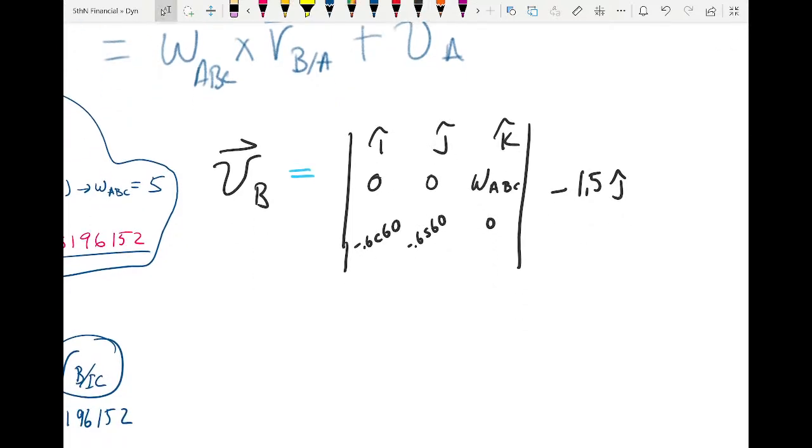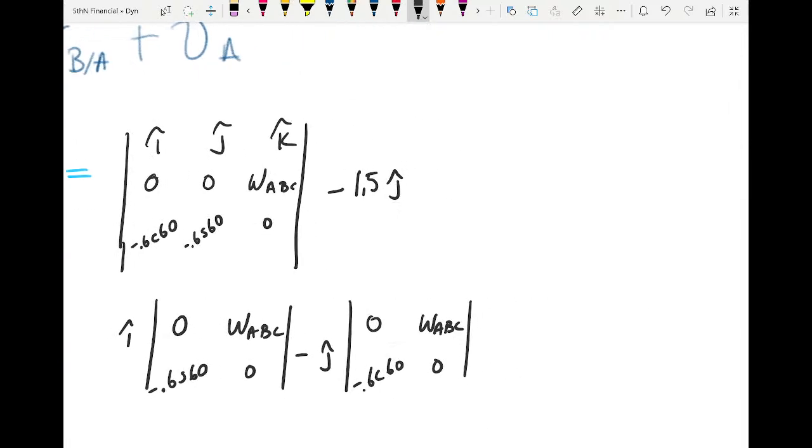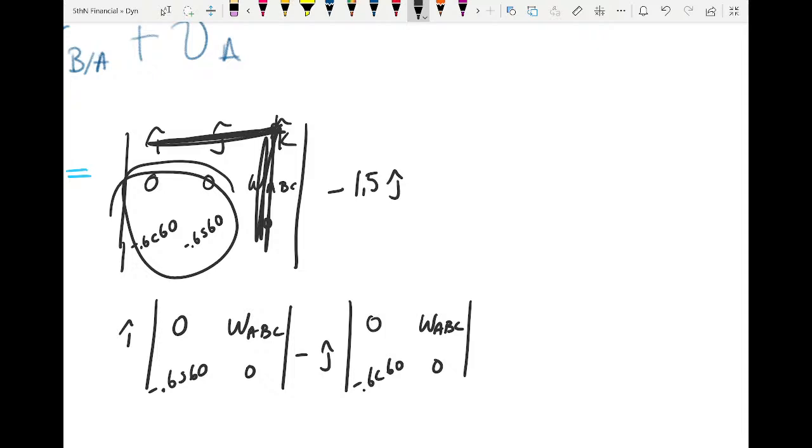Now, if I do a cofactor expansion, and then this term, I don't even include this cofactor expansion because the matrix that would result is going to have a 0 determinant.